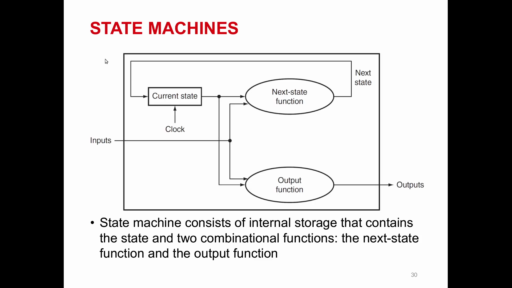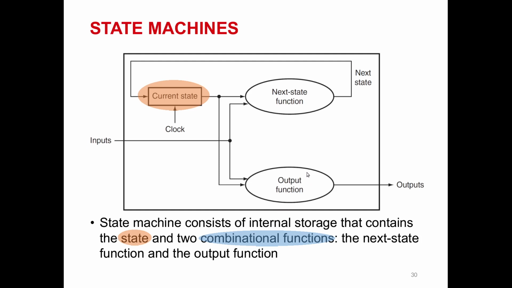Here we can see an image of a state machine. We have the current state, which is a memory. We can think of it as a number of D flip-flops which show the current state of our state machine. We have a next state function, which is combinational logic.